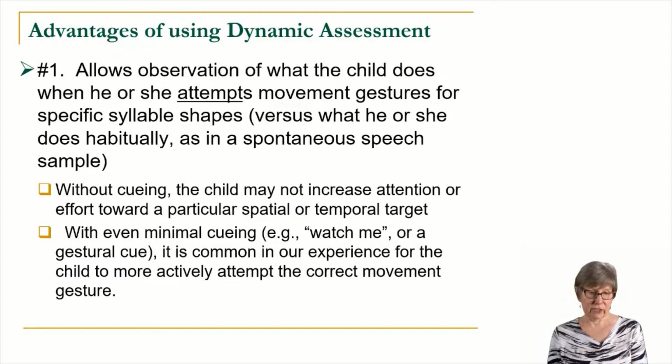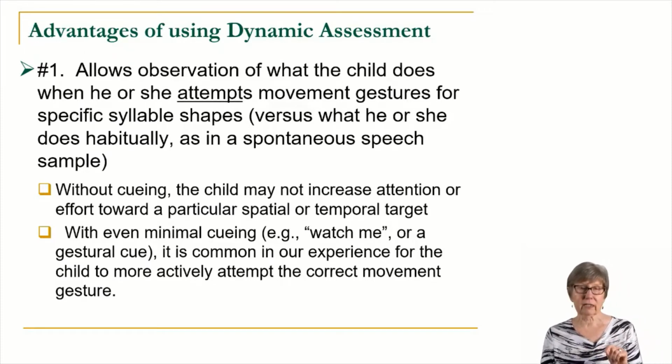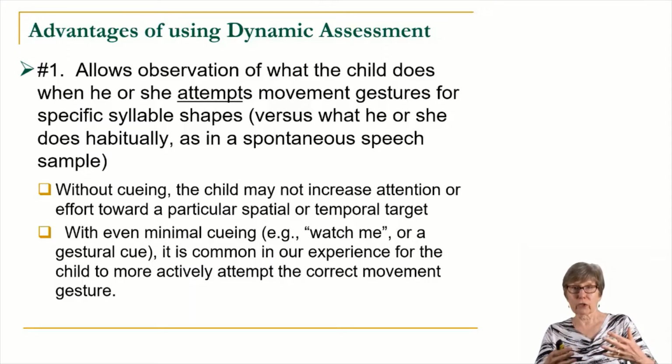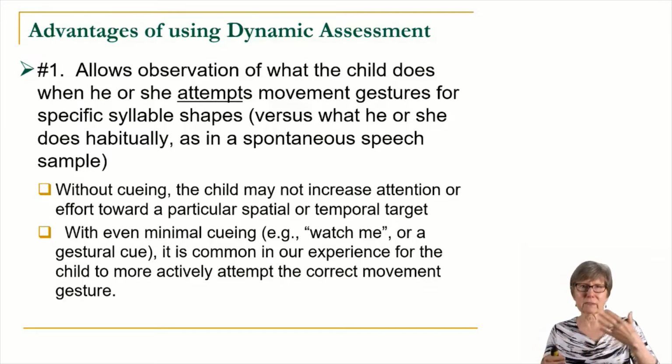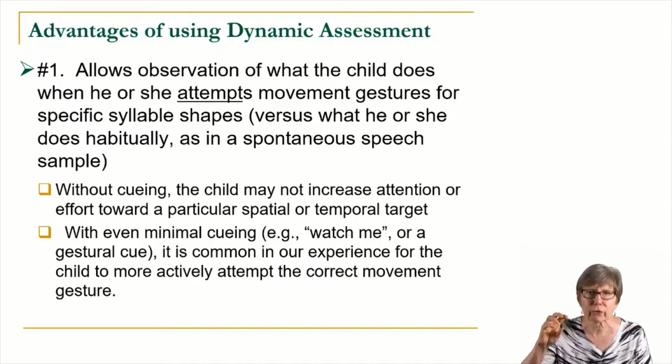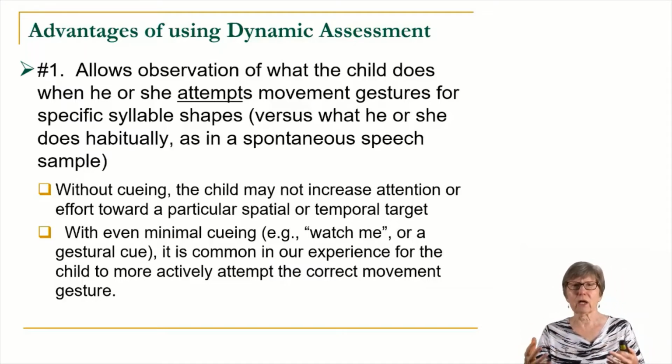The first advantage is that it allows observations of what the child does when he or she attempts movement gestures for words or specific syllable shapes, versus what he does habitually in spontaneous speech. Now remember, without cueing, the child may not increase their attention or effort toward saying a particular word, but even with minimal cueing like "watch me" or a gestural cue, letting them know it's okay if they do it wrong, and if they do, we'll help them, it's common in our experience for the child to more actively at least try to attempt the correct movement gesture.